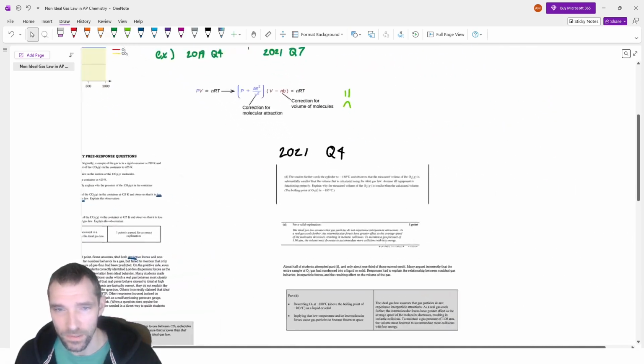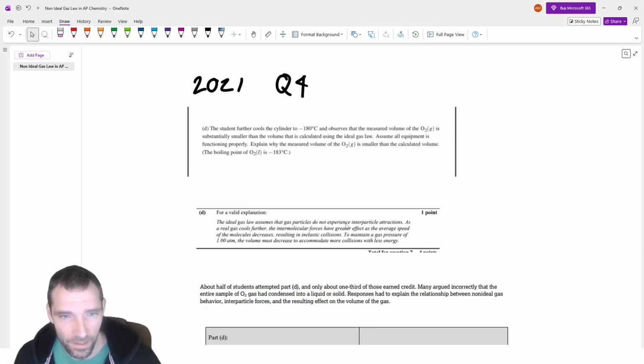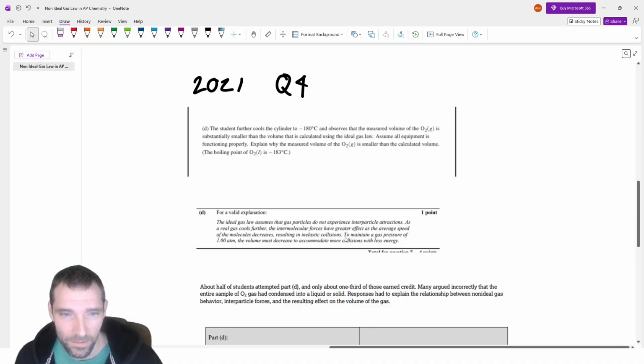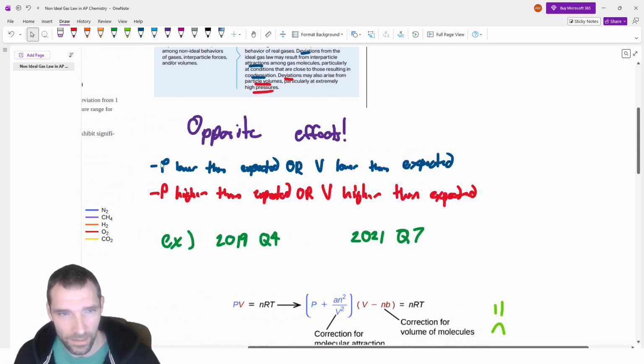And then in 2021, you can see we have a similar sort of thing here. We're assuming that these ideal gas laws have no interparticle attraction. This has a bit more of an explanation going into it, but now we're talking about the volume, so the volume is decreasing due to that effect.